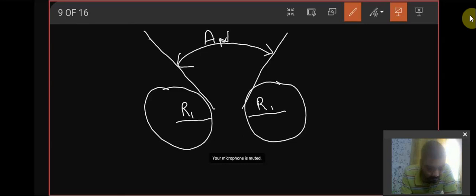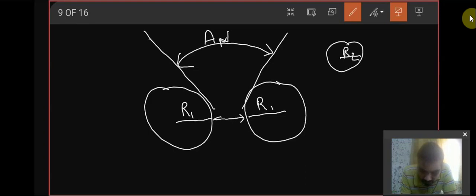Now suppose we pass a particle of radius R2, and the distance between the two rolls is D3.